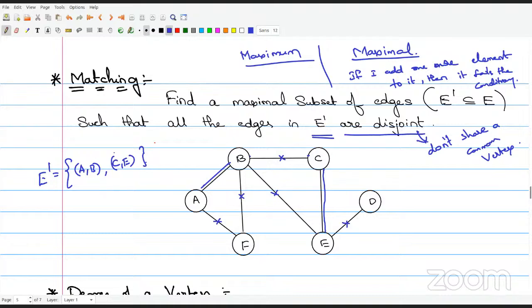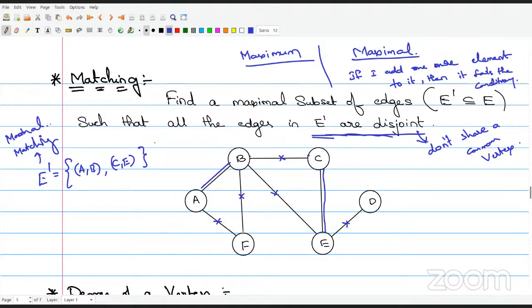If I try to add one more edge into this E dash, what will happen? They will have a common vertex. It will not satisfy the condition that all the edges in E dash are disjoint. So this property will fail, and I cannot add any edge to it. So this is a matching, and this is called a maximal matching.